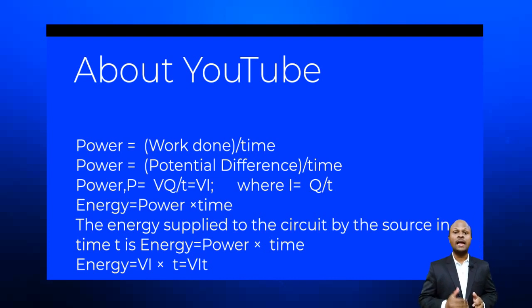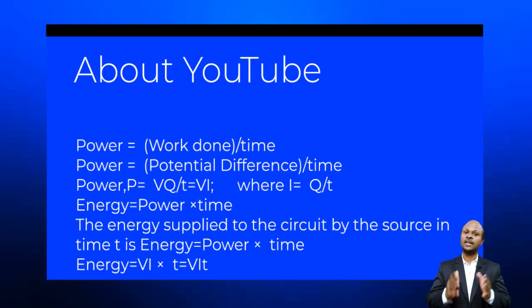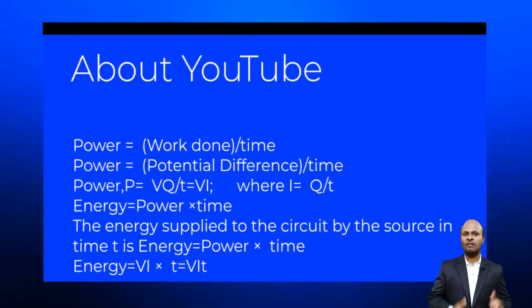Hence, the power input to the circuit by the source is power equal to work done by time, or power is equal to V into Q by t, or simply power is equal to VI, where I is Q by t.